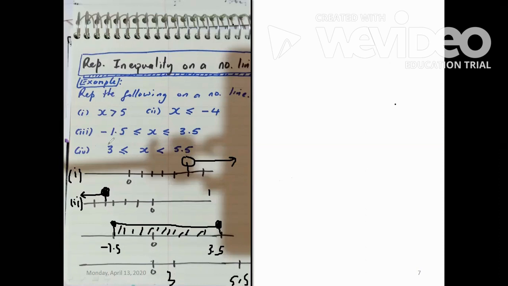Notice at 3, the interval is closed. So we shade that part. However, notice that at 5.5, it's open. So that remains unshaded. And you connect those two parts. Everything inside here will represent those values. All right, moving on.